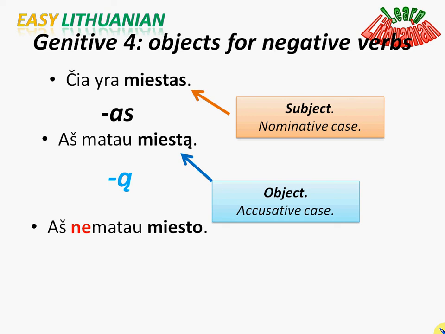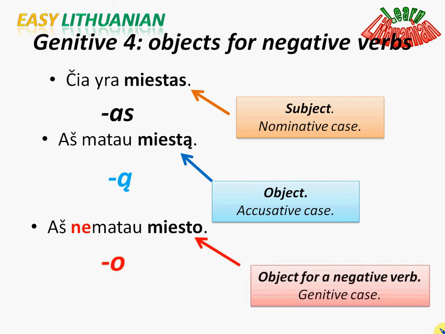But if you want to say I don't see the city, aš nematau miesto, the city is in genitive case, because this verb is a negative verb with a negative prefix ne, and it has the genitive ending o. As changes to o.